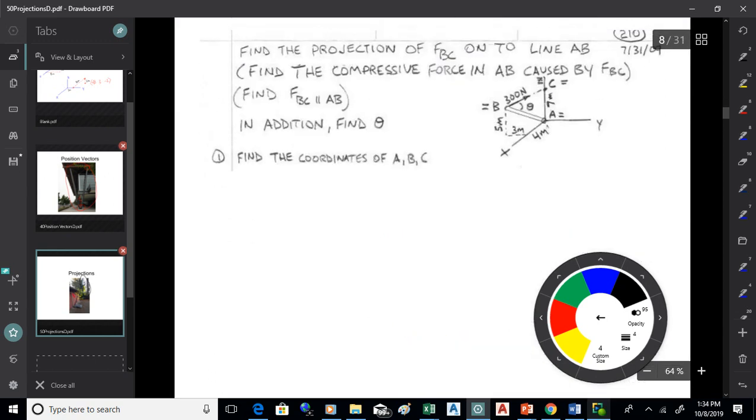All right, another example there on 210, I think. I want you to find the coordinates of A, B, and C. Start with that. We always want to do that when we're doing our 3-space stuff.